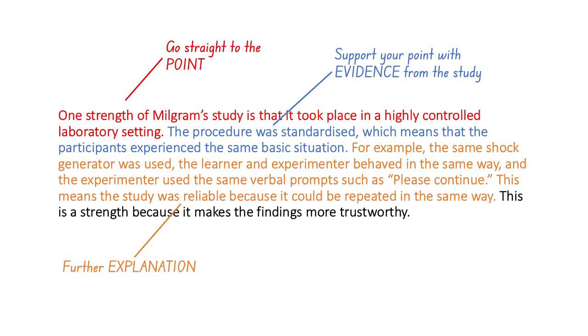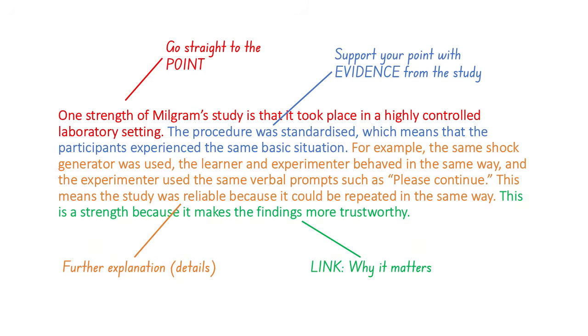That is, explain further to illustrate your point. For example, the same shock generator was used, the learner and experimenter behaved in the same way, and the experimenter used the same verbal prompts such as, "Please continue." This means the study was reliable because it could be repeated in the same way.